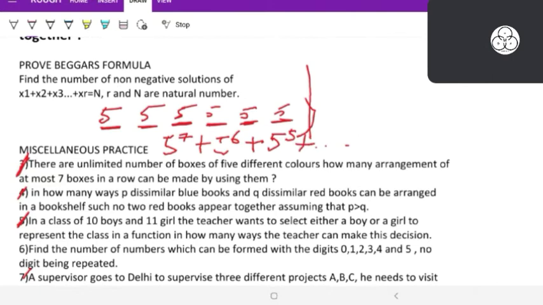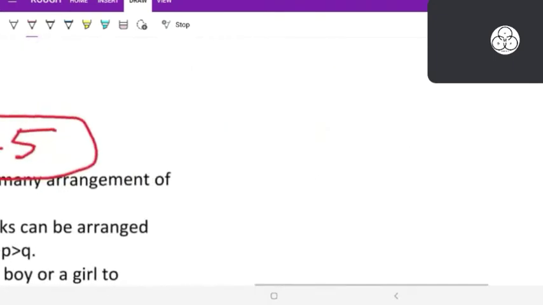When the number of boxes is 1, we will have 5 different options. So this is a geometric progression. I guess the basic lecture of sequence and series has been completed, so we should be able to solve this geometric progression.